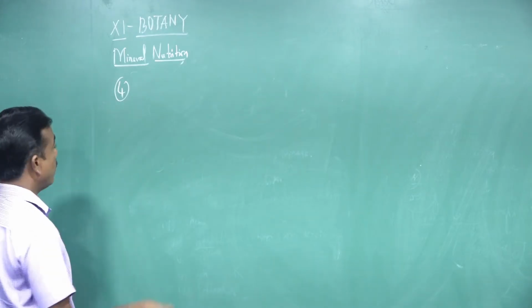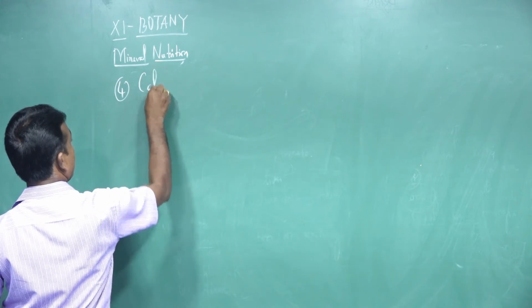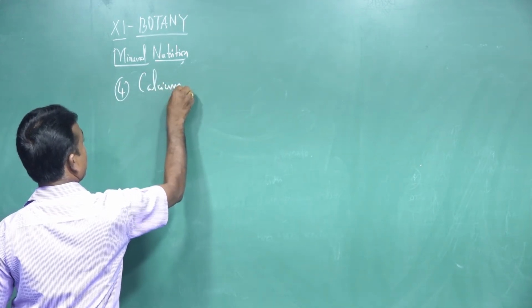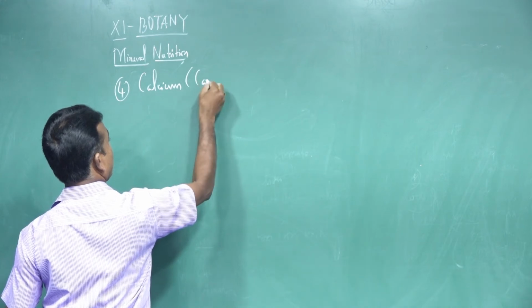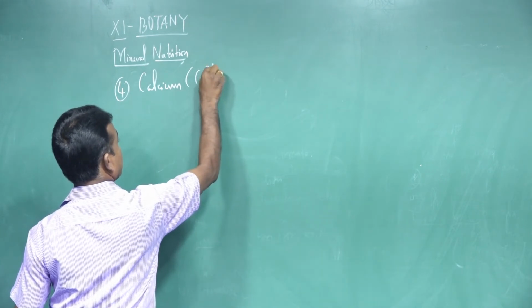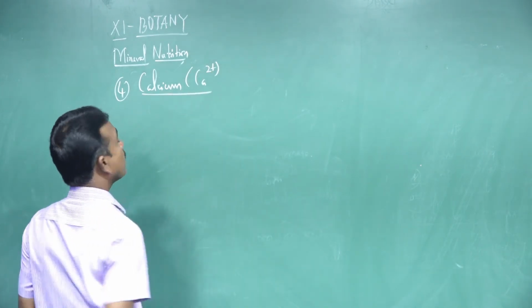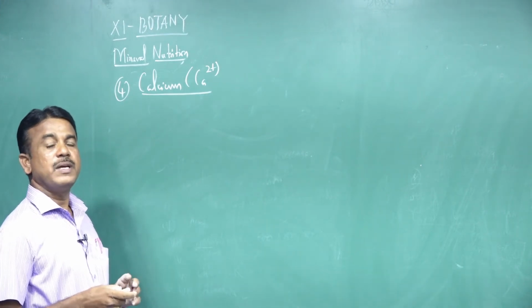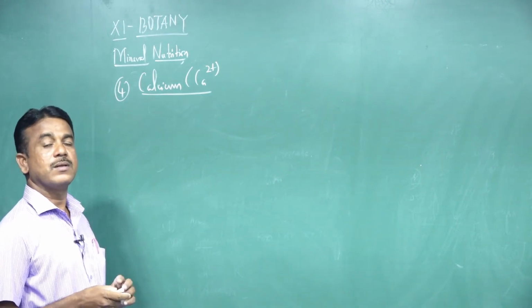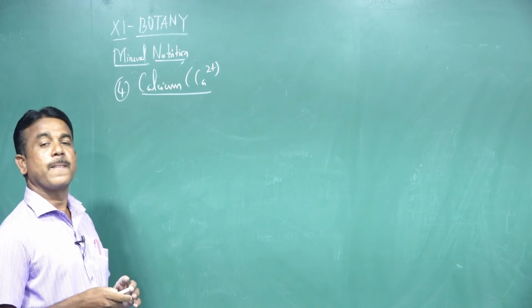I go to the next one, calcium. The chemical form is Ca2 plus. Calcium is a basic constituent of the cell membrane.